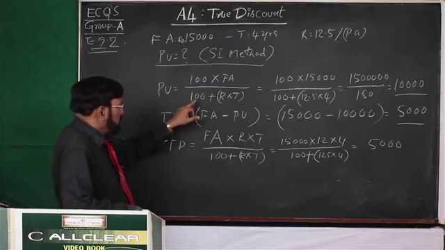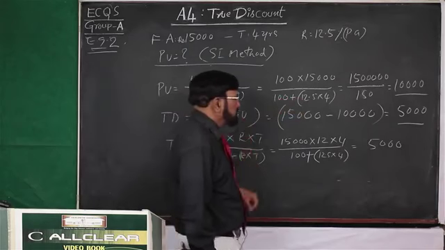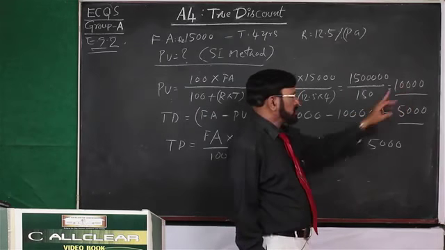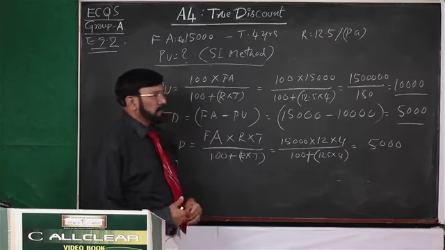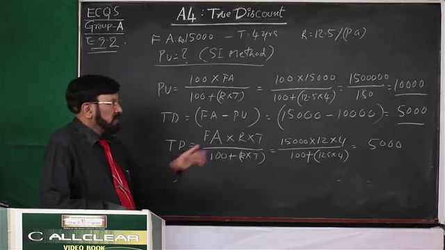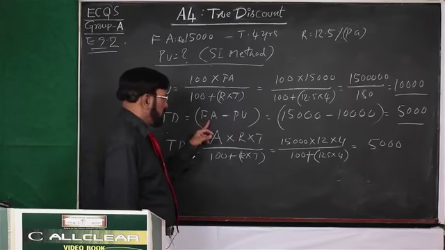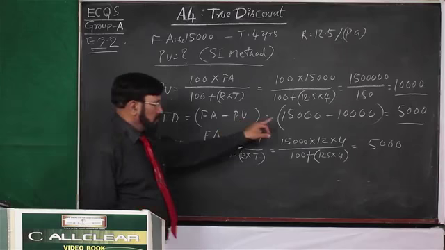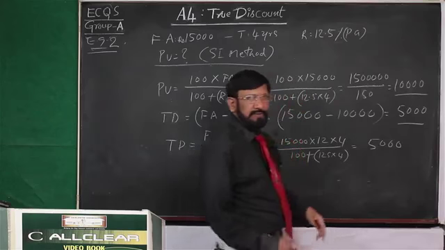Then 100 plus R into T, and if you make this calculation, you get 10,000 rupees. What do you mean by that? The present value of 15,000 rupees due after 4 years is 10,000 rupees. Now, true discount is future amount minus present value, 15,000 minus 10,000 is 5,000 rupees.